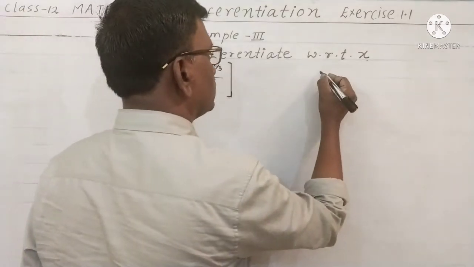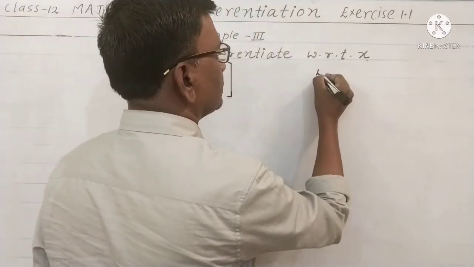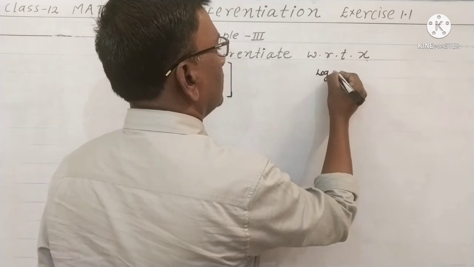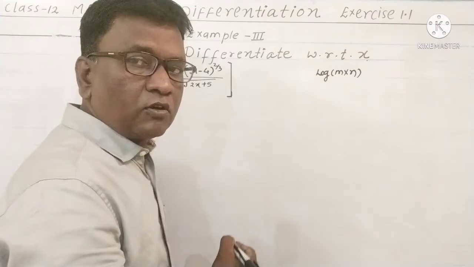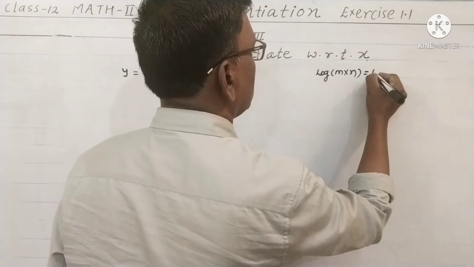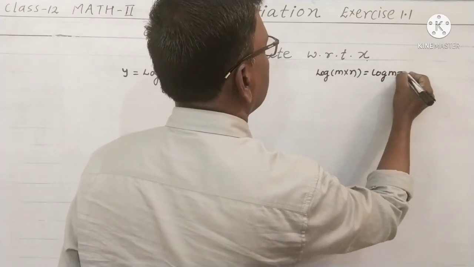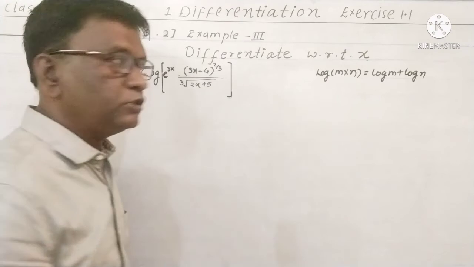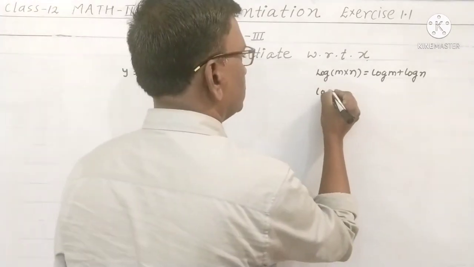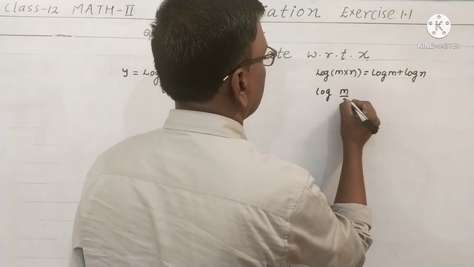So which formula we have to use to solve such type of example? First formula you want to know for the logarithmic function is log of m into n. We have the formula log of m into n as log of m plus log of n. This formula we have to use here. Again we have to use log of m by n, m upon n.